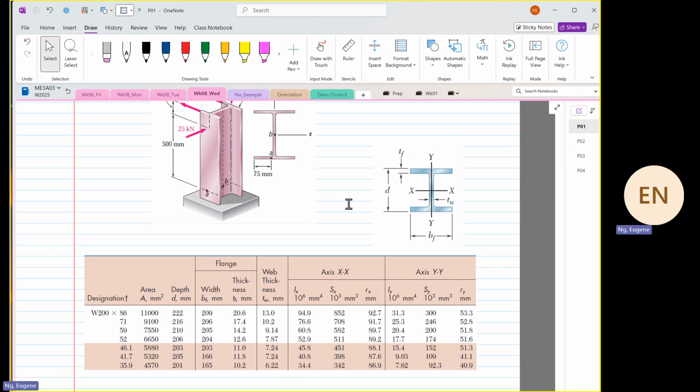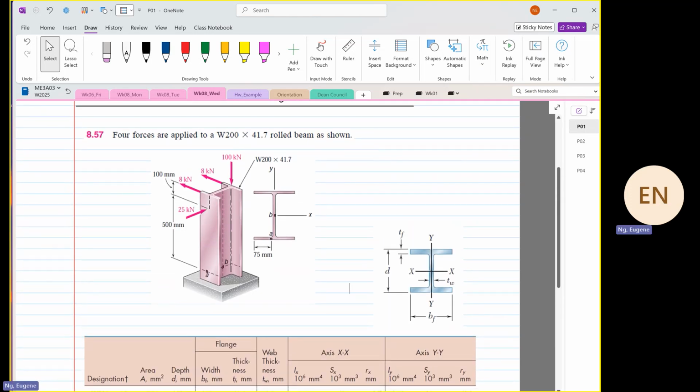So the first thing that we're going to do, we have to resolve what is our axial force, resolve what are our bending moments. Okay. So by looking at this, we understand that we are going to calculate stresses in the Z direction. Pardon me, okay.